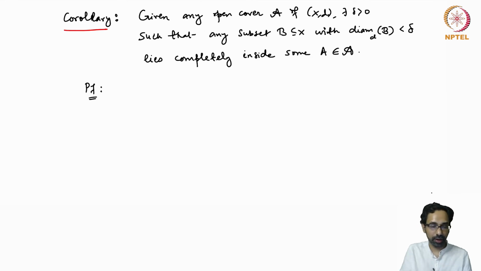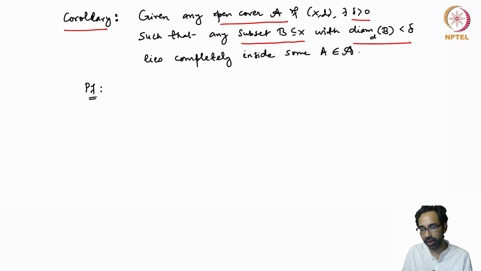Now, as a corollary of the Lebesgue number lemma, we can reformulate it not in terms of metric balls, but sets with given upper bound for the diameter. So it says that given any open cover A, there exists a delta such that any subset B of X which has diameter less than delta lies completely inside some open set from this open cover.